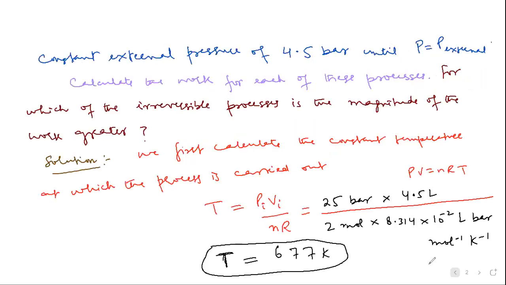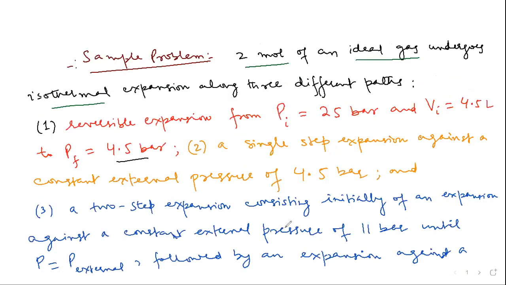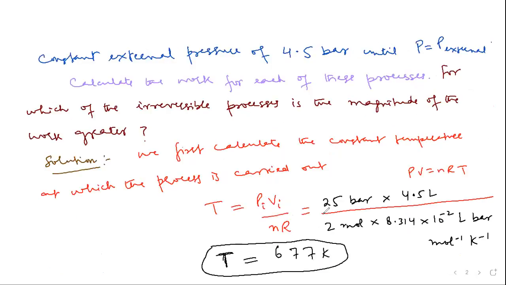But in third path, we have a two-step expansion. First, expansion goes against the constant external pressure of 11 bar until P is P external, followed by the expansion against constant external pressure of 4.5 bar.